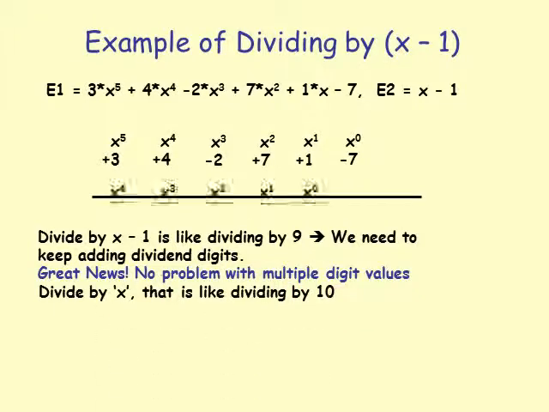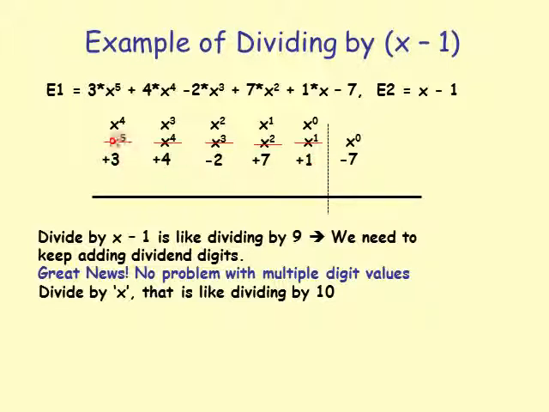Let's continue. So when you divide by x, if I divide this term by x, I get one fewer flag value on the left side and minus 7 on the right side, as we just did.